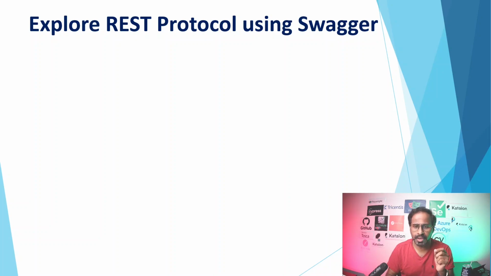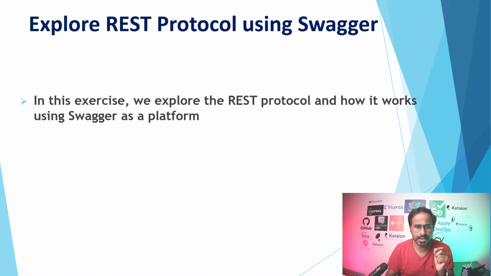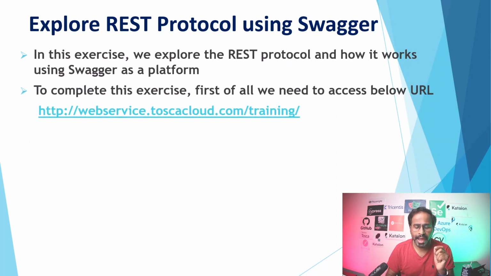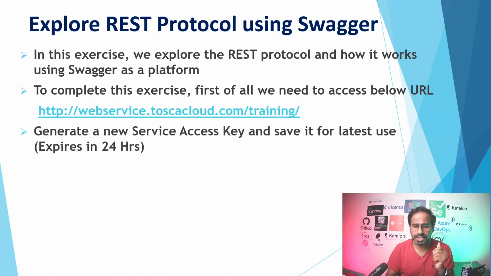To explore REST protocol using Swagger, first of all, we need to access the below URL. And then we need to generate a new service access key and save the access key for future use.